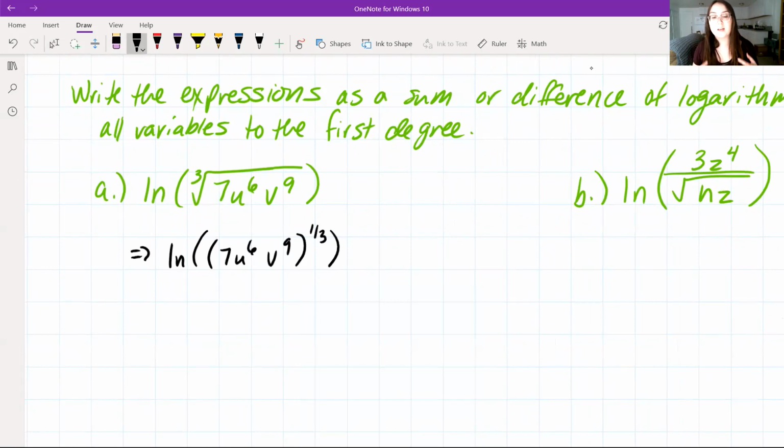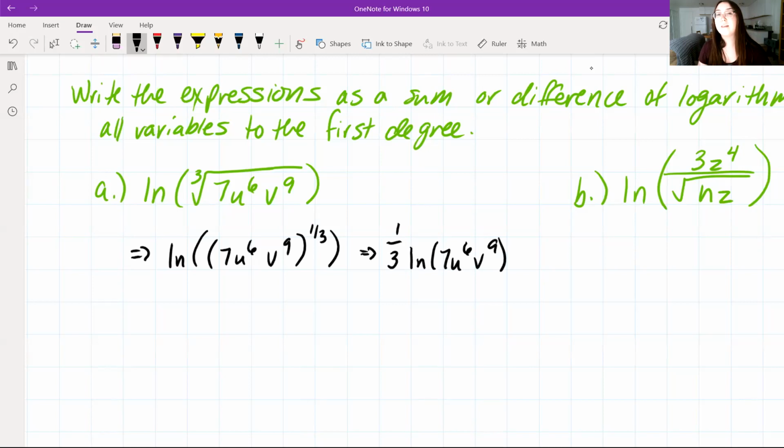Now we see something that's very obvious. We have an exponent in our natural log, so we can use our power rule. We'll use our power rule to say 1/3 times the natural log of 7u to the 6th power times v to the 9th power. Now we have two terms being multiplied by each other.